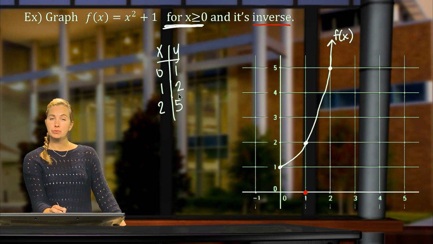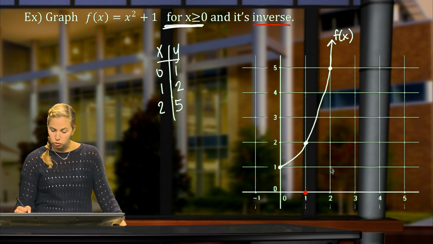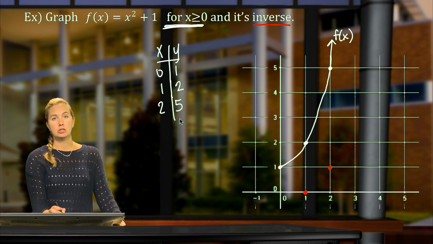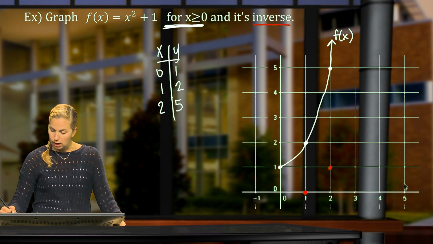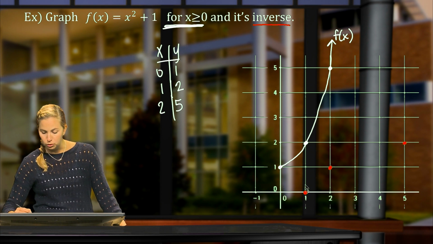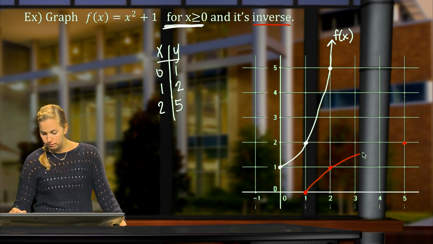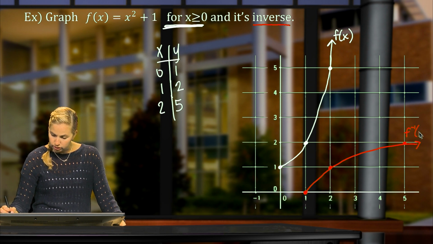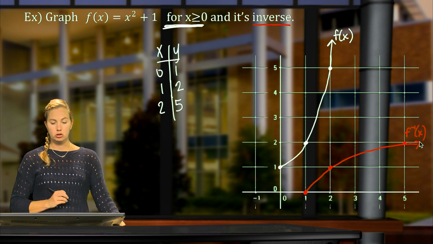If 1, 2 is on the original function, 2, 1 will be on the inverse. And if I have the point 2, 5 on my original function, I have the point 5, 2 on my inverse. So here is the inverse of that function.